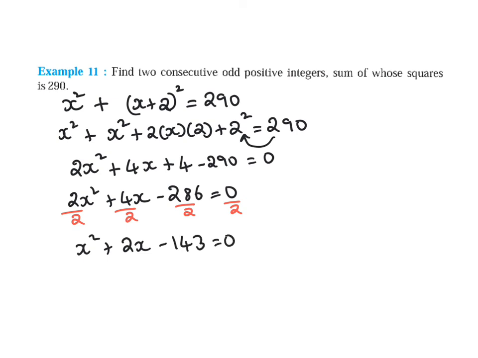Now over here, a is 1, b is 2, and c is negative 143. We can apply the quadratic formula and solve this equation, and let us see what we get.